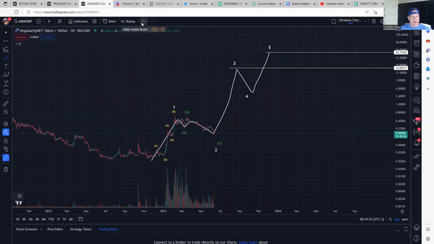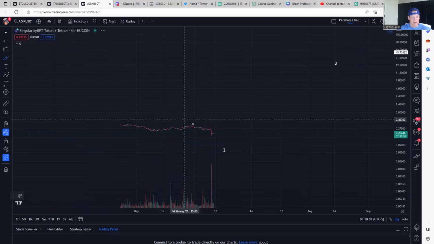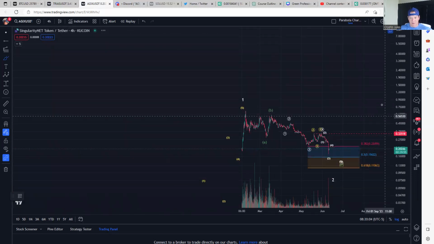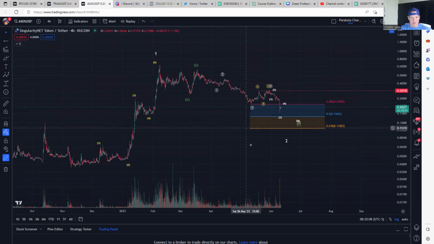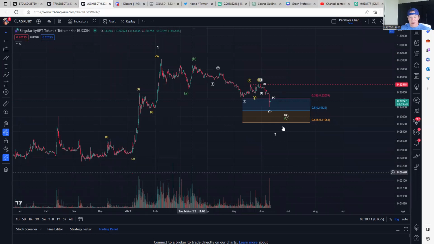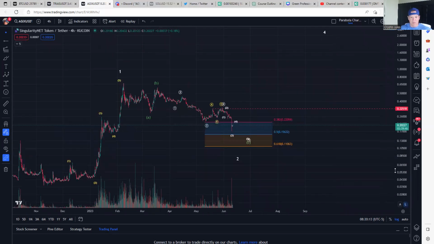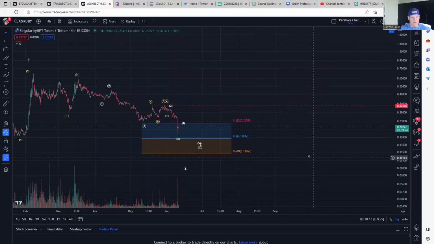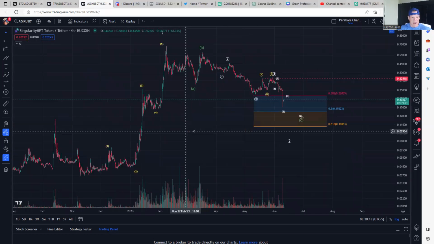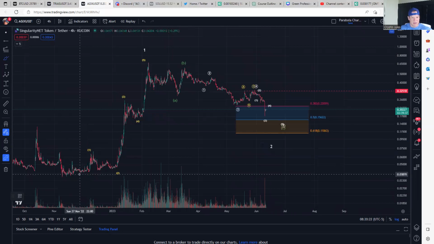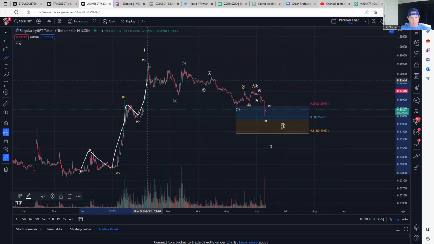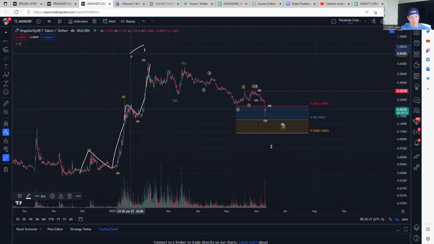So ultimately, from a macro standpoint, that's what I'm looking at, as long as this structure holds that I'm going to dive into right now. As long as we hold this structure as a corrective structure and do not start to impulse down and break this low down here, then I'm going to assume that we will eventually head up to those targets I just discussed. As of right now, what I believe we are looking at here is this 1, 2, 3, 4, 5 to put in our larger degree 1 wave.